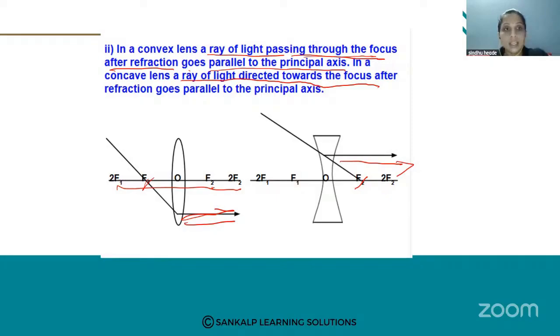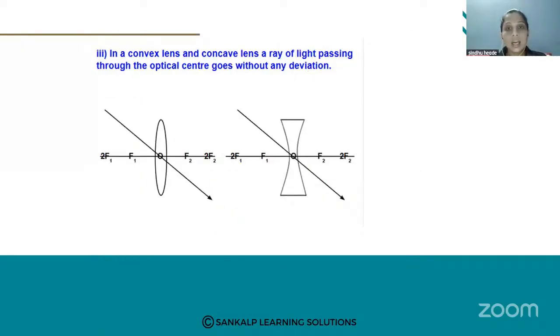And next one, in a convex lens and concave lens, a ray of light passes through the optical center, denoted by the letter O, right? It goes without any deviation. Here it comes and passes through this point and gets refracted.